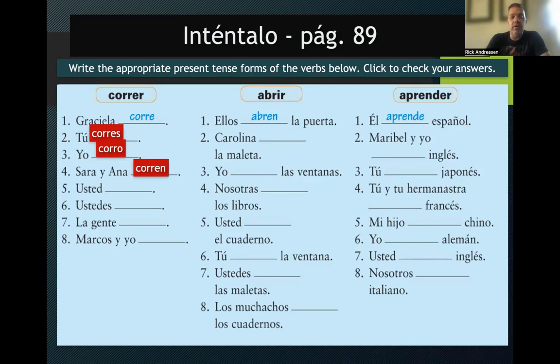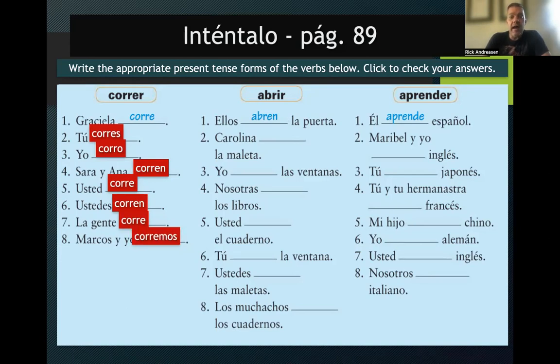So third person plural. Clase, Sara y Ana corren. Número 5, usted corre. Número 6, ustedes corren. Número 7, la gente corre. La gente means the people, which you might think is a plural group, but the word itself is singular. It's la gente, so it's a singular entity. Número 8, Marcos y yo corremos.